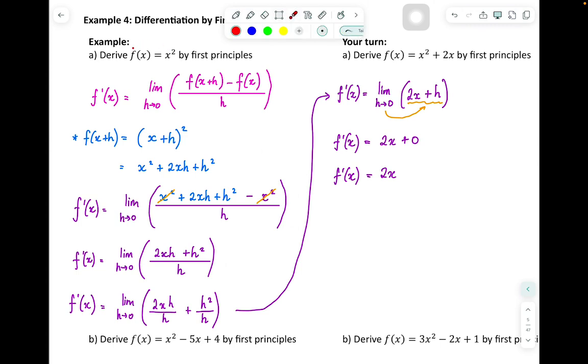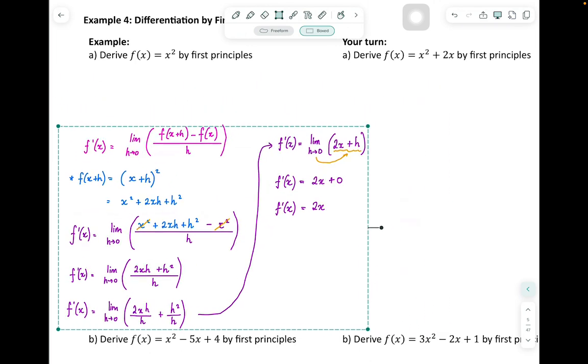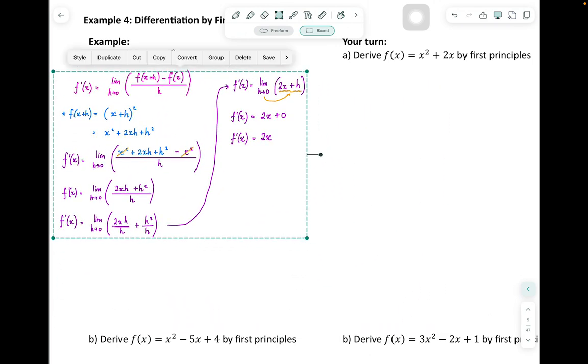So the derivative of x squared is equal to 2x. You can see that there is some sort of pattern here that we might be able to work out if we're looking at this, but we will explore that a bit further later on.